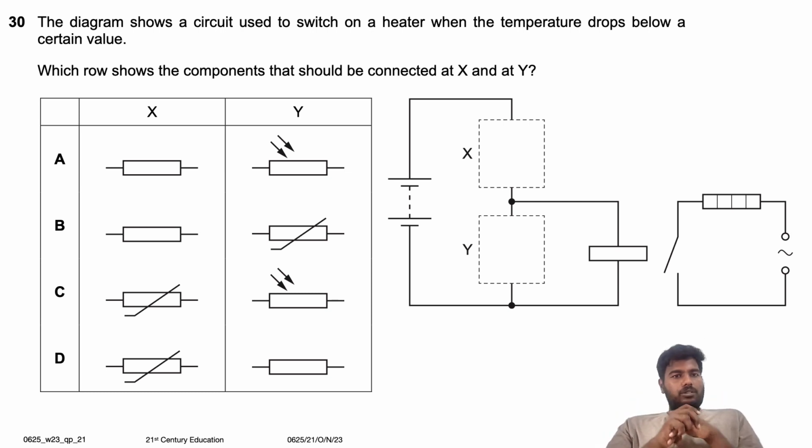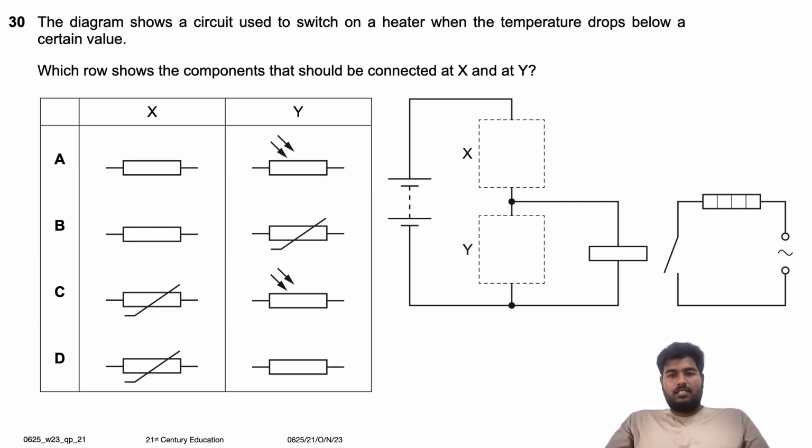The diagram shows a circuit used to switch on a heater when the temperature drops below a certain value. Which row shows the components that should be connected at X and Y? Okay, so now the heater is connected across Y, so when the temperature decreases, the voltage across Y should increase. So this is simply a potential divider circuit. We have to use a thermistor.